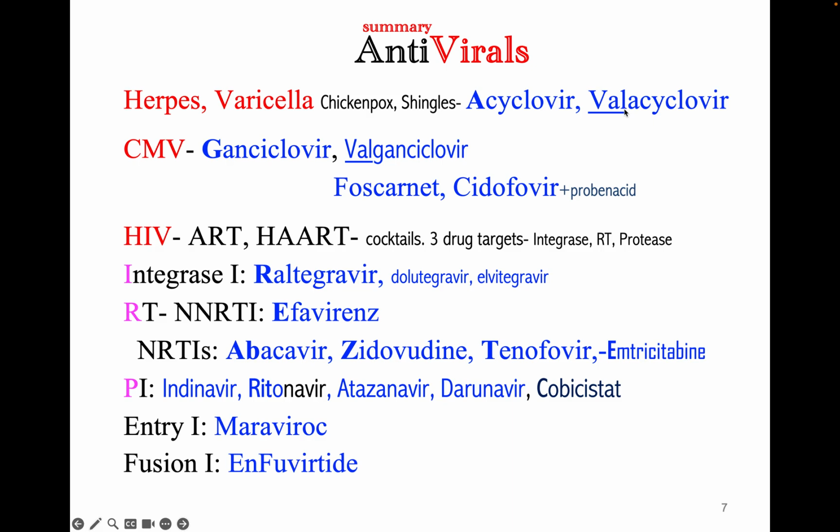It has to get into the human body, and human cells have to activate it. It has to chop off the valine and change into Acyclovir. Then from the next step onwards, it works exactly like Acyclovir. That is, it needs viral thymidine kinase to activate by phosphorylation, and then it is going to work.